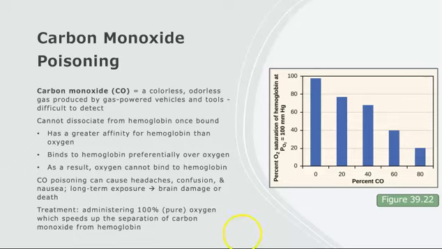The treatment for this is to administer 100% pure oxygen to speed up the separation of that carbon monoxide from hemoglobin. So in someone who is going through carbon monoxide poisoning, you could see the higher the amount of carbon monoxide that we have, the less saturation of oxygen we are seeing.